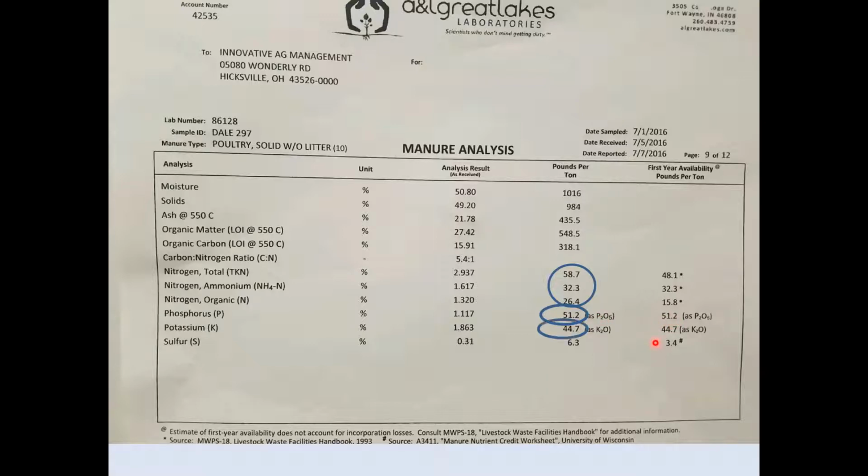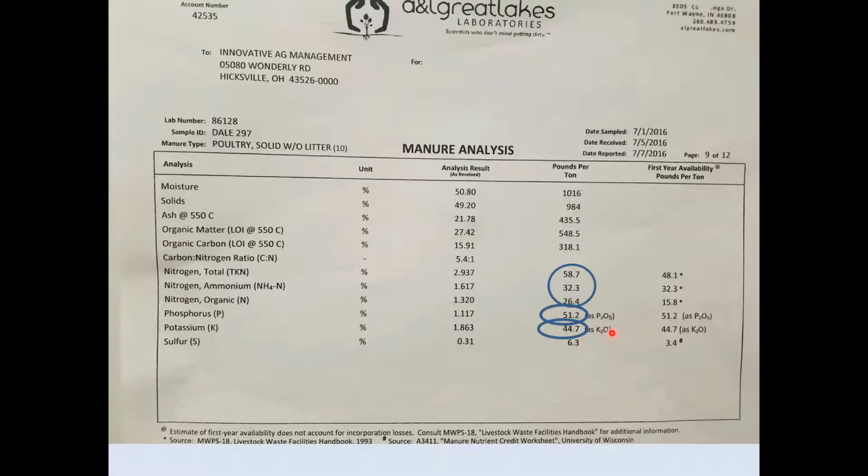And then the other number we always look at seriously in our soil tests is our potash or potassium number. Again, people like me who aren't very learned often use potash and potassium interchangeably, but you want to be looking at your K2O number, because if you were a commercial applicator or a commercial farmer and you bought commercial fertilizer, you buy your phosphorus as P2O5 and you buy your potash as K2O.